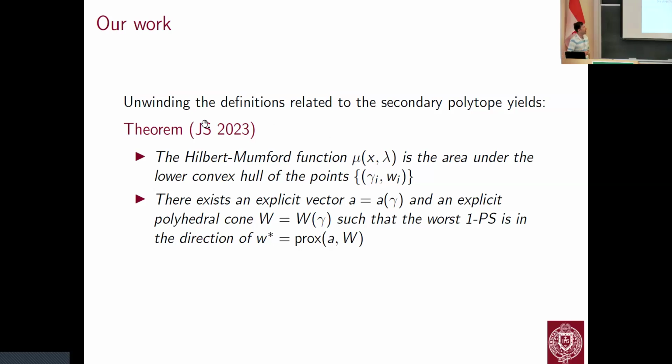And then we can say further, there's some explicit vector that you can cook up just in terms of your semigroup gamma, and also an explicit polyhedral cone W, which you can write either as inequalities or rays just using the elements in your semigroup gamma, so that the worst one-parameter subgroup is just given by the closest point between this polyhedral cone and this vector outside.